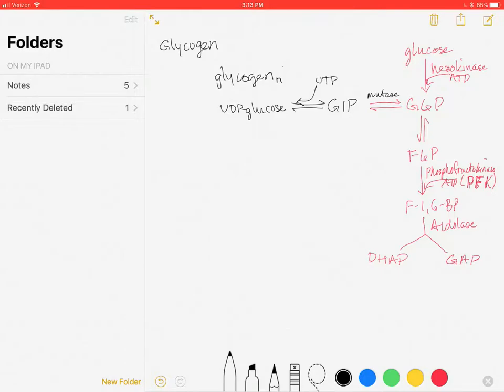And the UDP glucose reacts with that to make a glycogen with N+1. And of course, the UDP comes off and goes to waste when that happens. Well, maybe it goes to waste. Maybe something good happens to it.